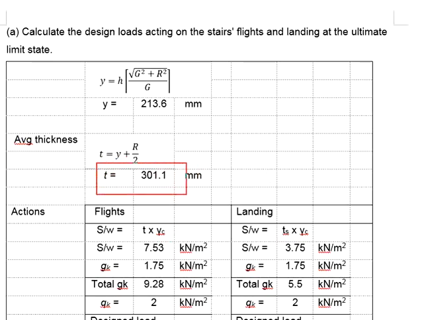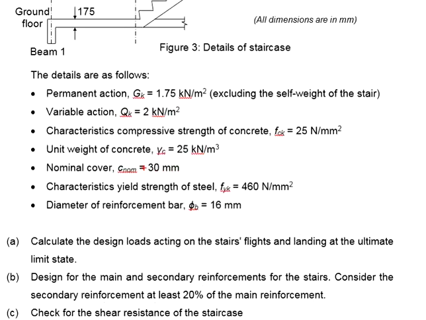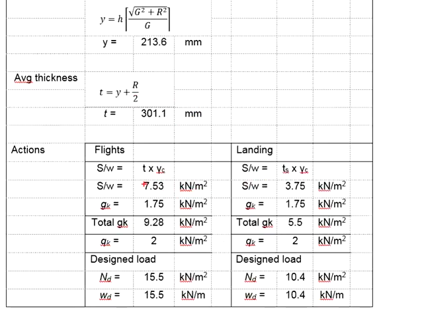This represents the average thickness of the flights. Multiply with the unit weight, which is given in the question, 25 kN per meter cube. That gives you the self-weight 7.53 kN per meter square.